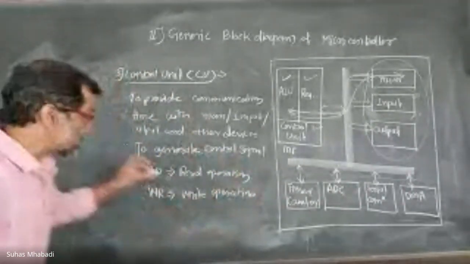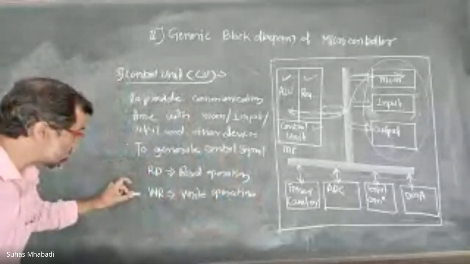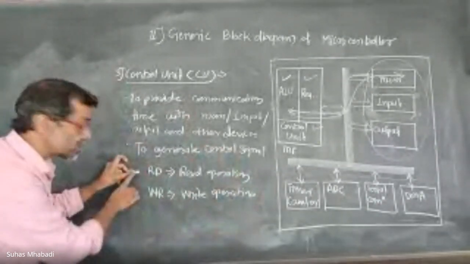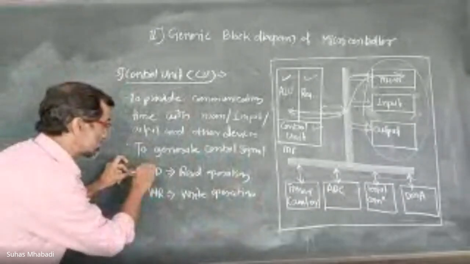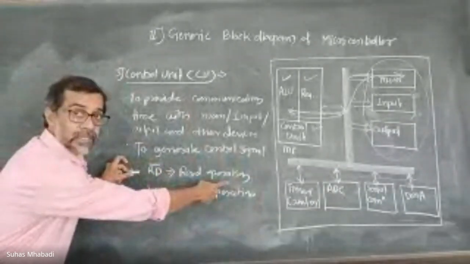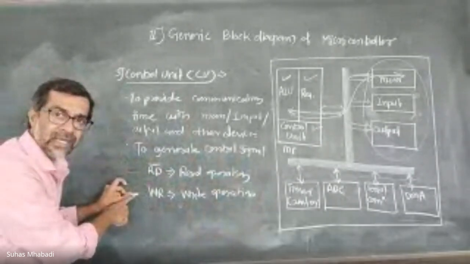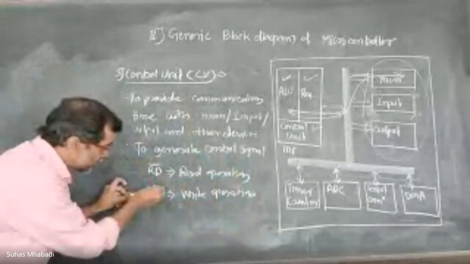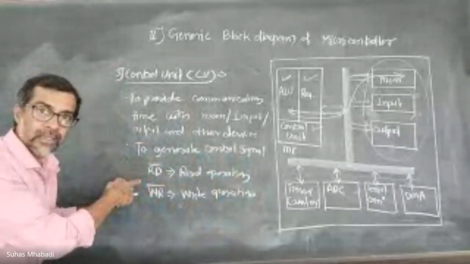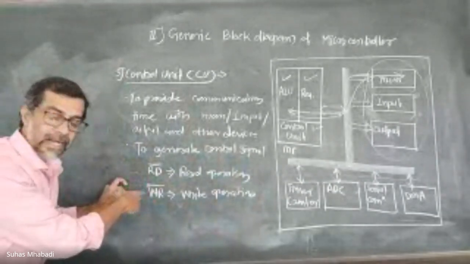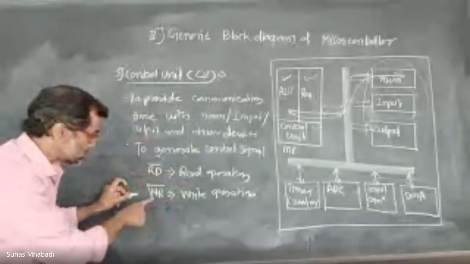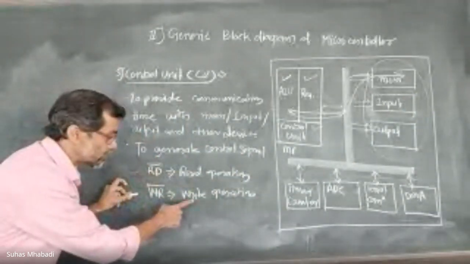So this is one line. When the line goes low, we go for read operation. This is one more line. When the line is high, nothing is going to happen. But when the line goes low, given by write bar, meaning 0, we go for write operation.